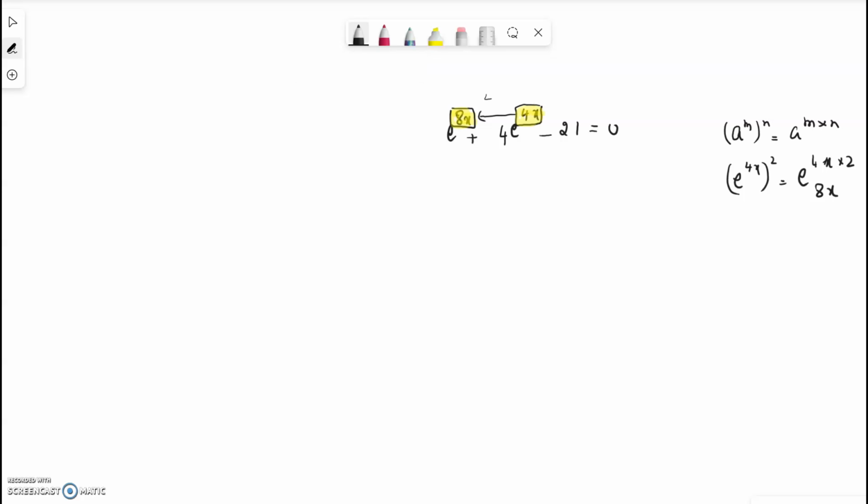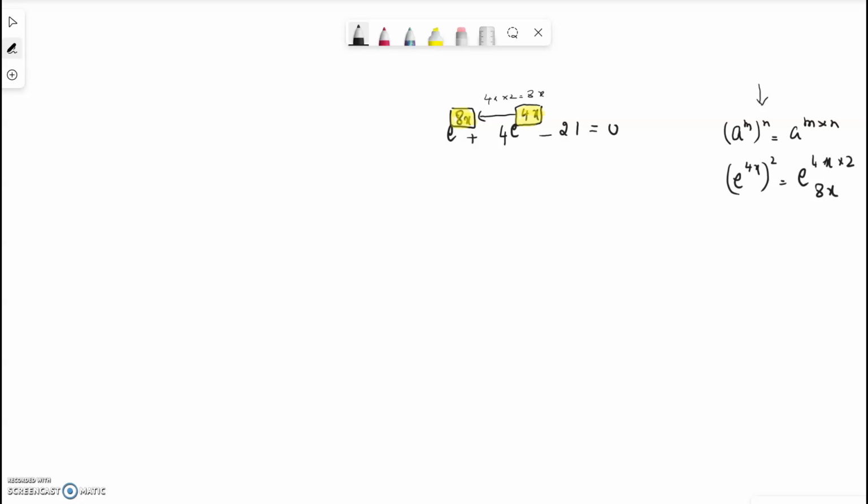So 4x times 2 is equal to 8x. So look at one of the rules of exponents: a to the m, whole to the n, is a to the m times n.